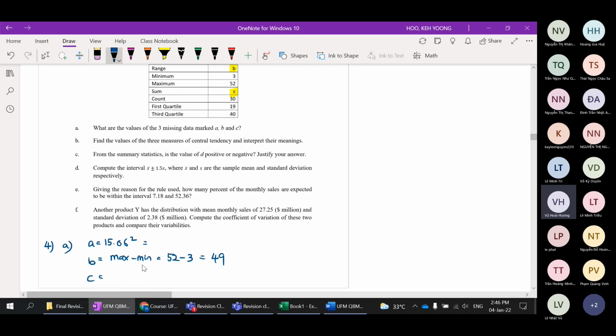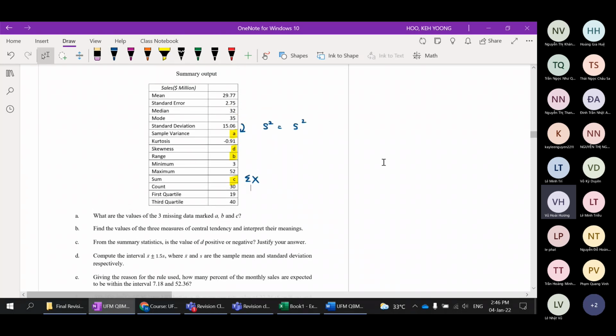How about the sum? Sum is the total x, yeah? How do we get the total x? Based on these questions, any idea? Okay, I will use mean times 30, right? Yes. Okay, very good. We know that the mean is the sum or the total x divided by the sample size, right?